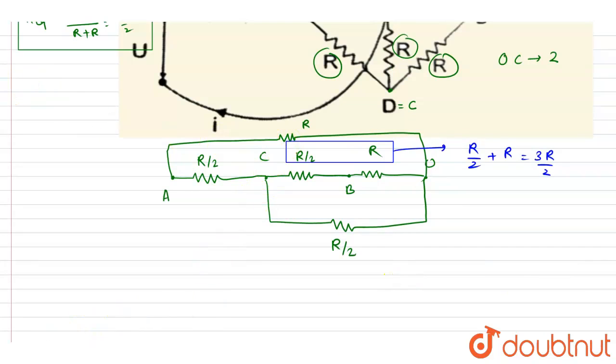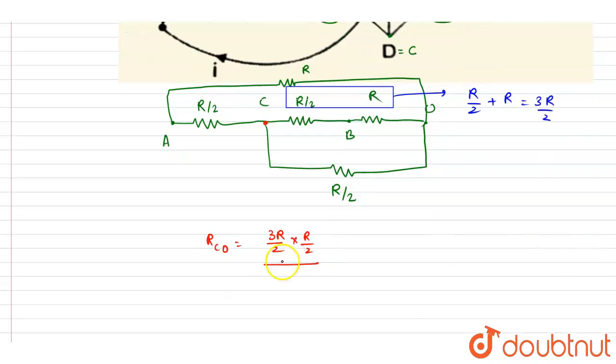So the equivalent resistance between C and O will be 3R by 2 into R by 2 divided by the sum of the two, 3R by 2 plus R by 2. So it is 3R square by 4 divided by 2R, so this will get cancelled out, and it will be 3R by 8. So 3R by 8 is the resistance between C and O.